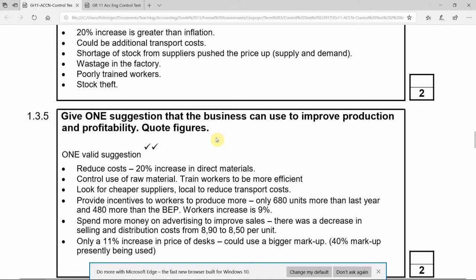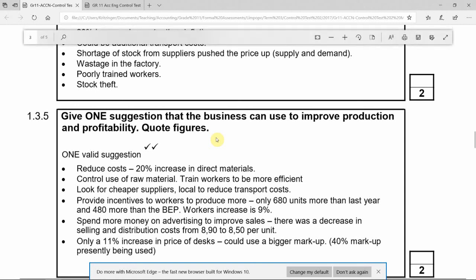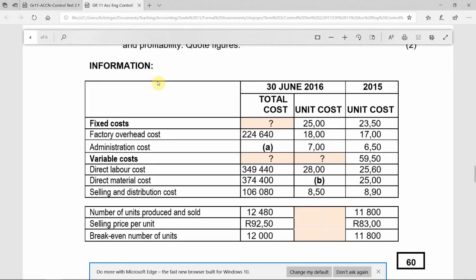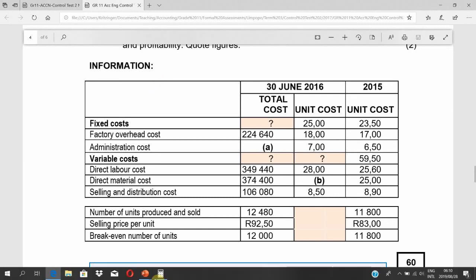Then we can also look at the price of the desks. We only had an 11% increase in price of desks, so we could use a bigger markup. So if we go and look at the price of our desks, let's see, 92.50.